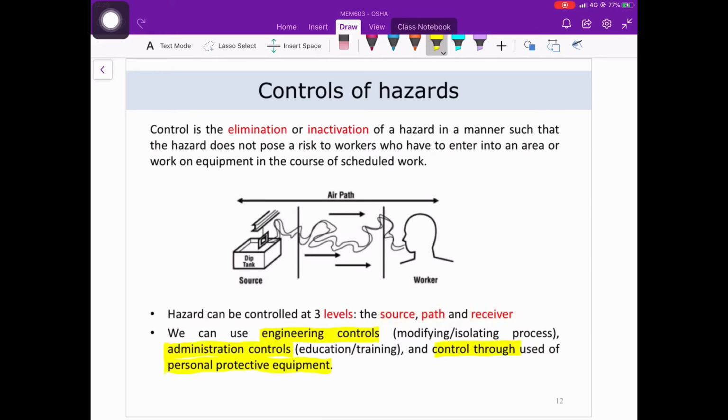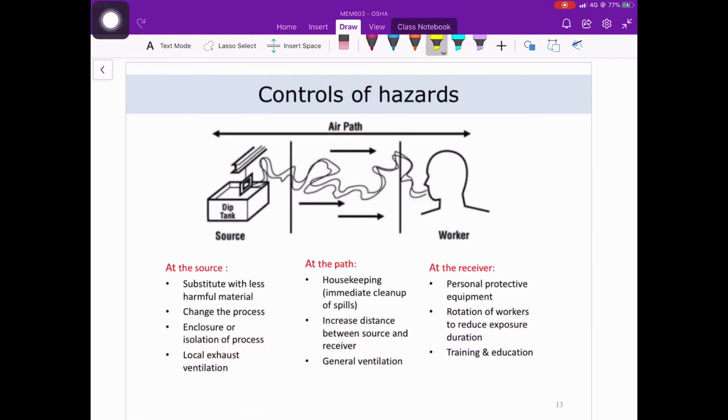Some methods that can be implemented are engineering controls, administration controls, and controls through the use of personal protective equipment (PPE). Engineering controls involve modifying or isolating processes, while administration controls is via education or training. Here is one of the examples: a deep tank that produces hazardous fume to workers.